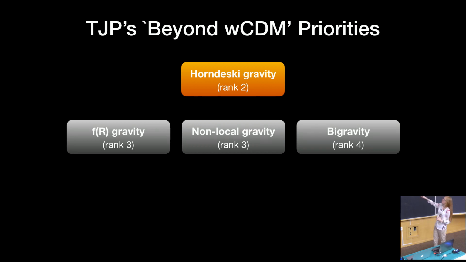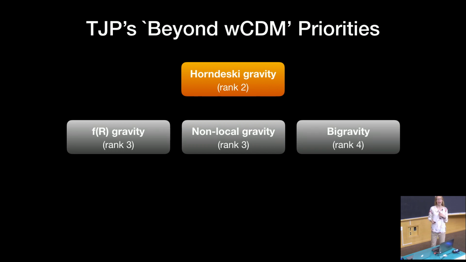Below that, we have a second tier of models which we feel are worthy of consideration, but should not be prioritized immediately. So we're going to start with working on Horndeski. If later in time there is more manpower, more capacity for LSST tests of gravity, we might start looking at these. So let me say briefly what these other 3 are, and then we'll talk about Horndeski.